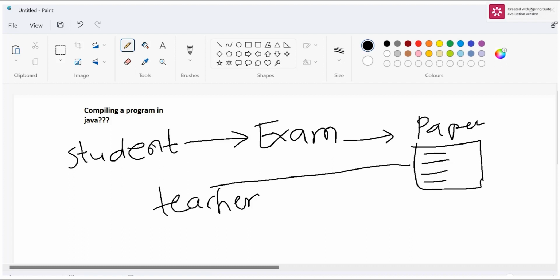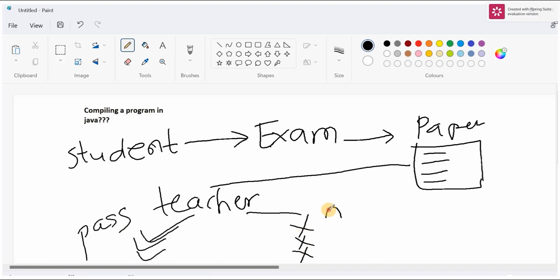The teacher will check the answers, and if the answers are correct, then that student passes the exam. And if the answers are incorrect, then the student fails in that exam. So this is a very simple example. The student submits the paper to the teacher, and the teacher verifies whether the answers are correct or not.